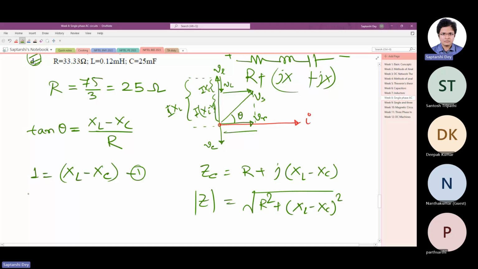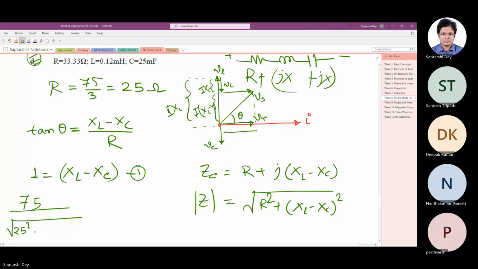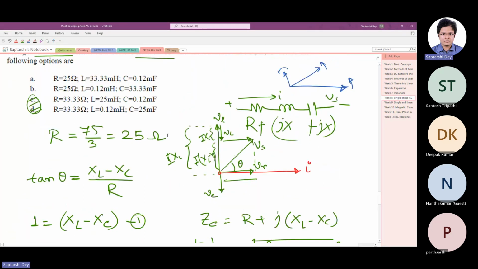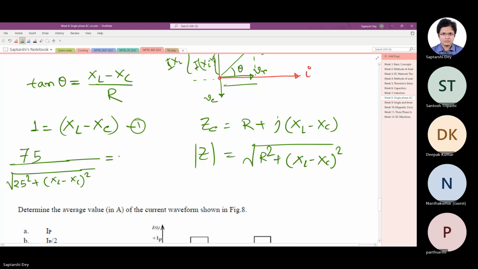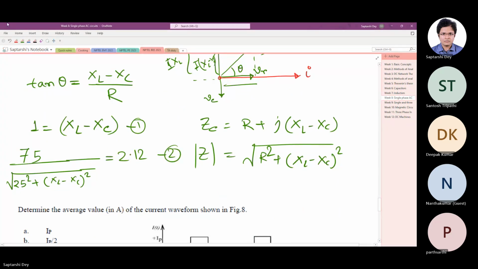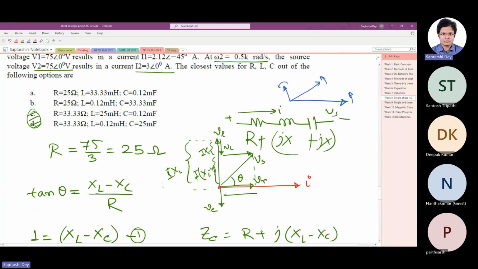So V by Z, in RMS, 75 by square root of 25 squared plus XL minus XC squared, is this current 2.12. Now if you solve this, you will get the values of XL and XC.